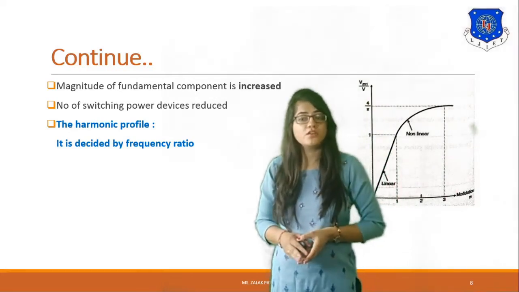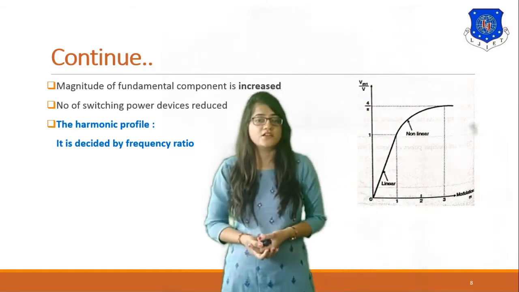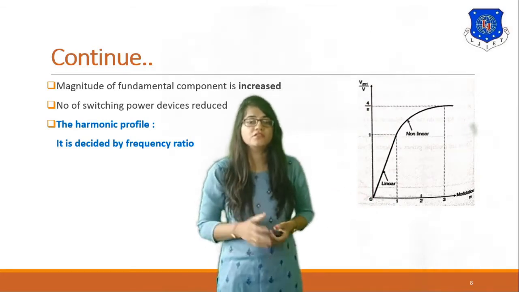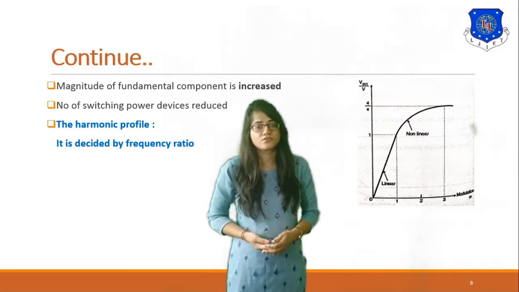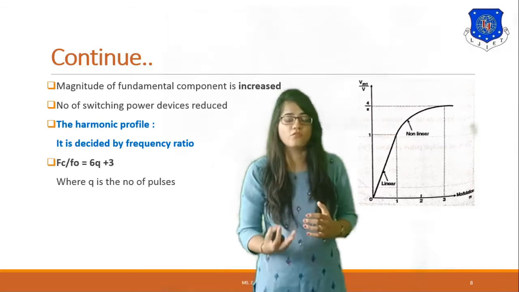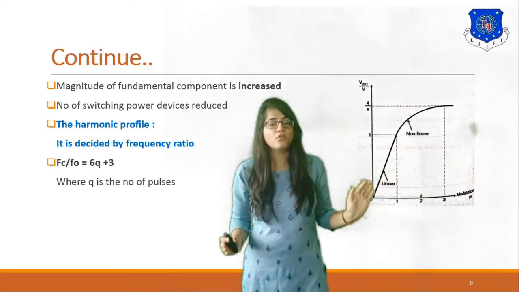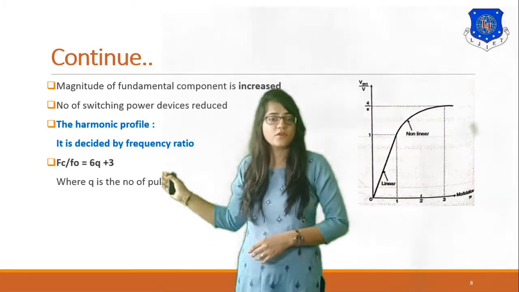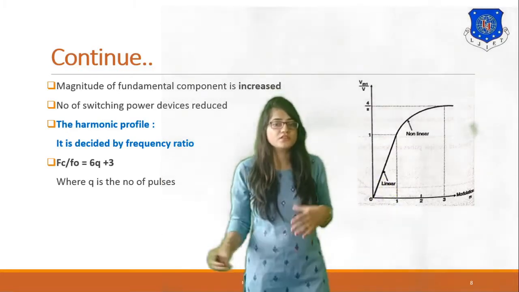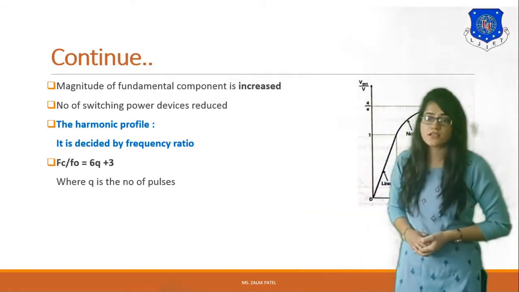So here, the harmonic profile is decided by the frequency ratio. The equation for it is Fc upon Fo, which equals 6q plus 3, where q is the number of pulses, and the number of pulses is decided by the carrier signal.